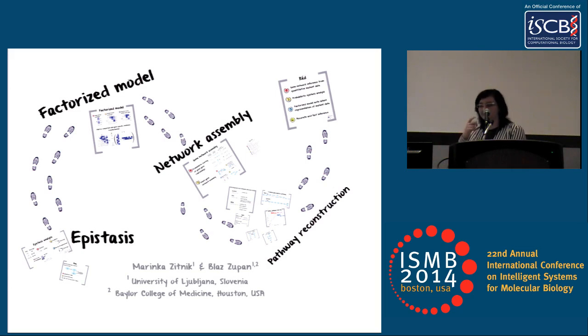So to answer the second question, the principal goal or aim was to construct directed networks, because the direction of the edges in this network indicates the ordering of genes, meaning the order of action of genes in the pathway. So we would like to know which gene acts upstream of another gene in a certain pathway for measuring a certain phenotype.